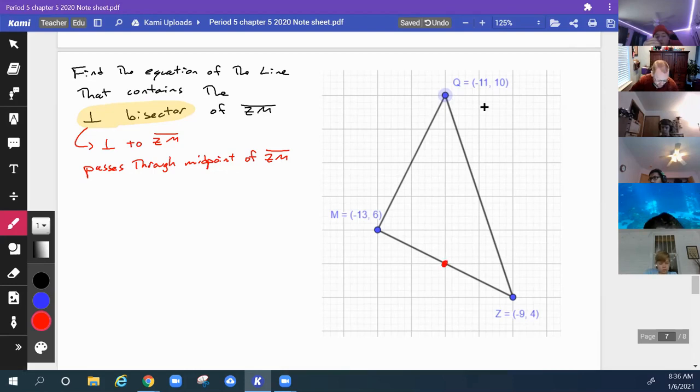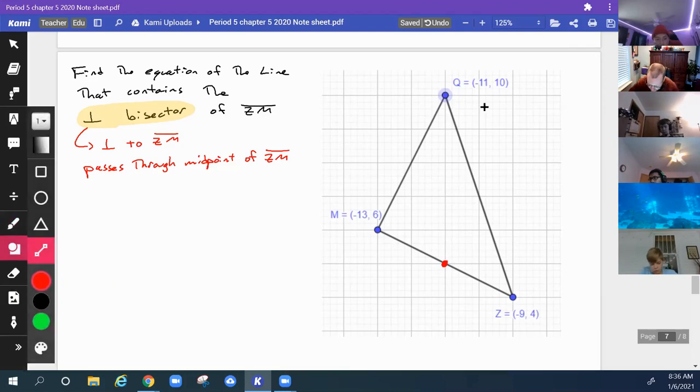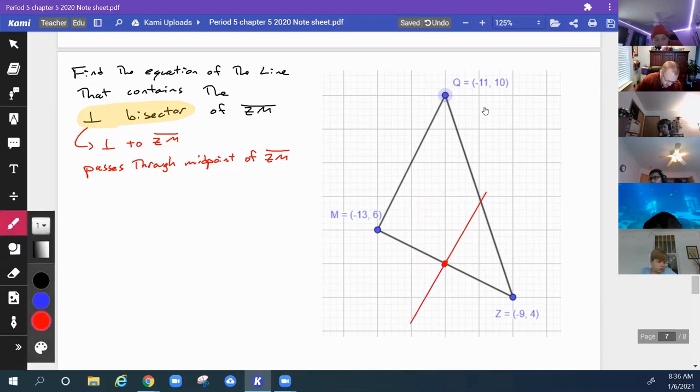That pretty much looks like it's in the middle, and I need to be perpendicular to it. It goes through the midpoint, so I have these tick marks and I am perpendicular. This right here is the perpendicular bisector of ZM.